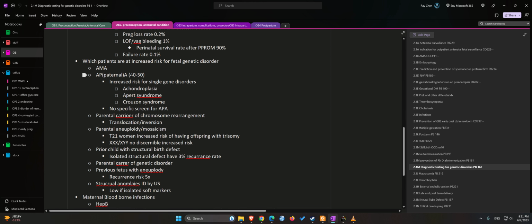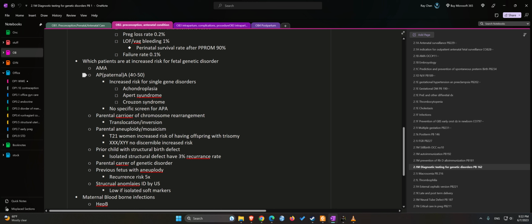AMA, APA, parental carrier of chromosome rearrangements, parental aneuploidy or mosaicism, prior child with a structural defect, parental carrier of genetic disorder, previous fetus with aneuploidy, and structural anomalies identified by ultrasound. So obviously AMA is easy to understand.